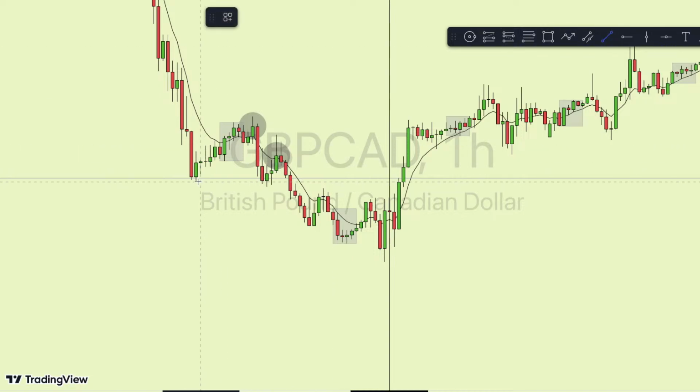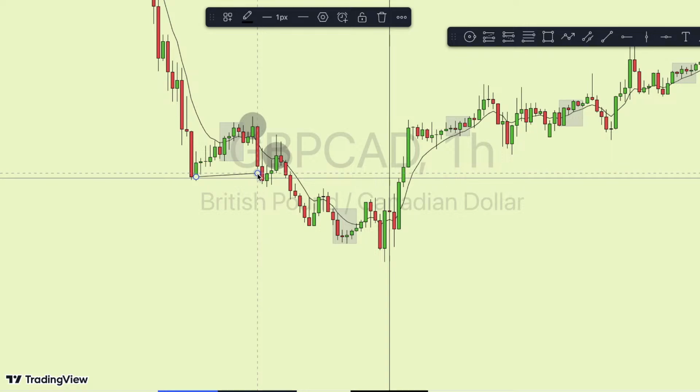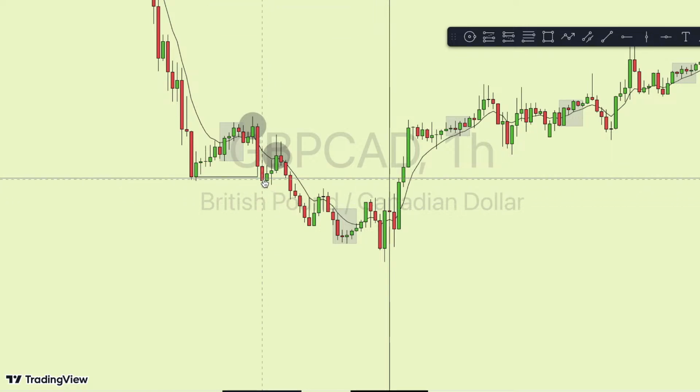So this is our break of structure right here. This low and this low are not the same. This low broke this low, making a new lower low, breaking structure.